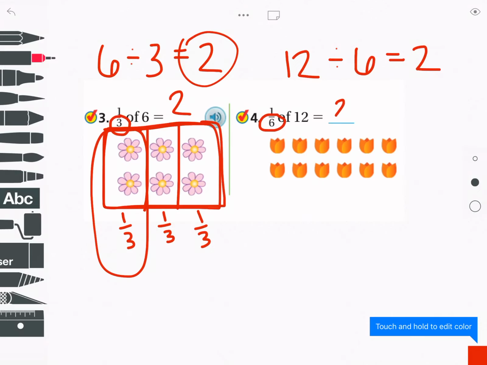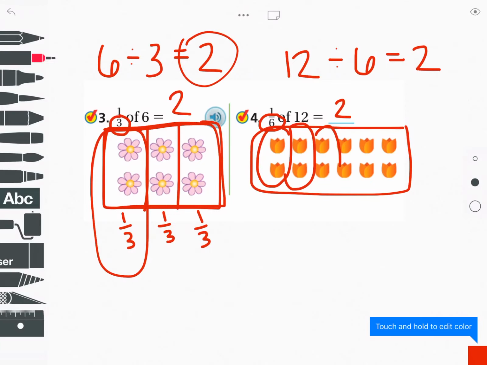So I'm going to go ahead and write 2, and then let's check to see if this is a reasonable answer. If I split these 12 flowers into 6 groups, I should have 2 in each group. 4, 5, 6 groups. 2 in each group. So 1/6 of 12 is equal to 2.